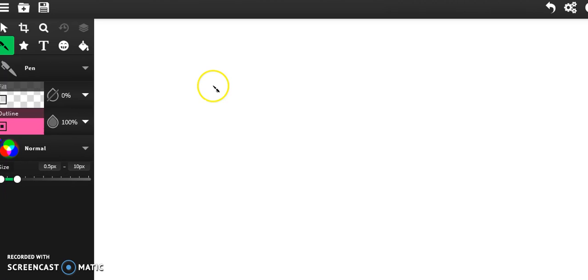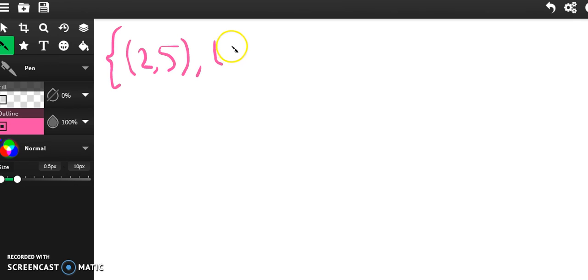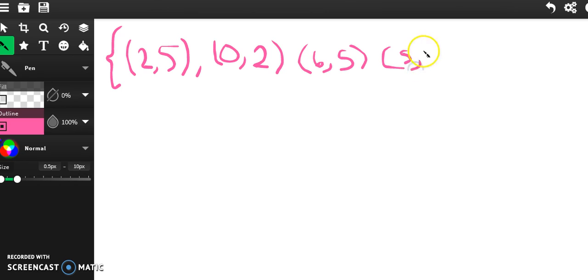Let's say we were given the relation (2, 5), (0, 2), (6, 5), and (5, 2).